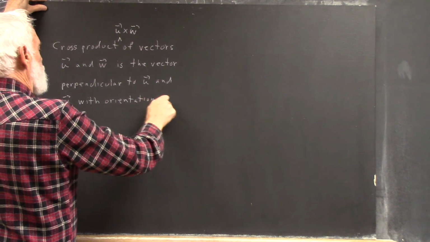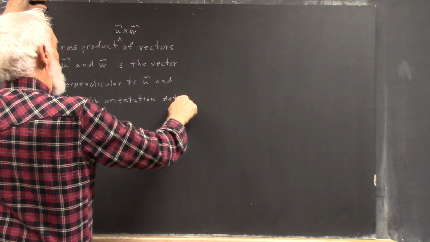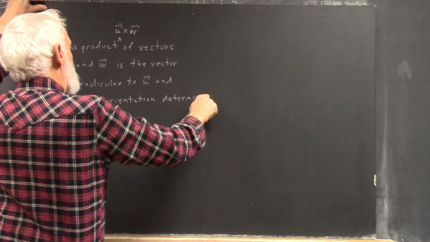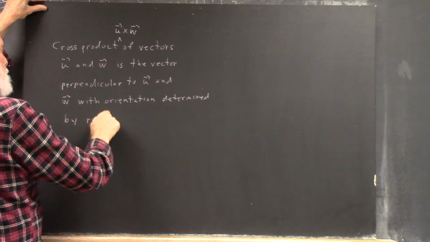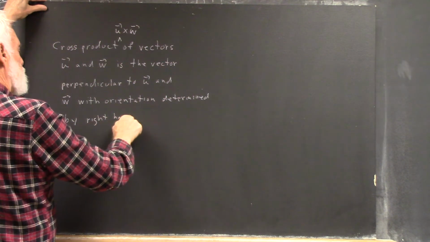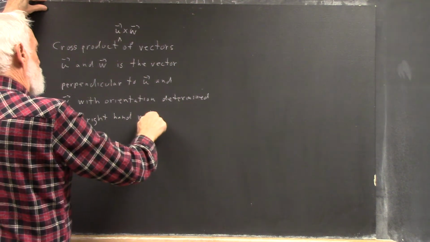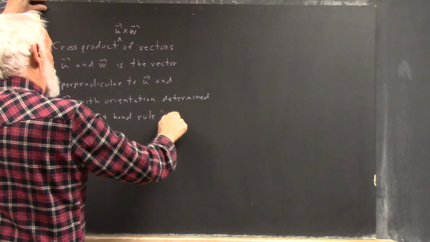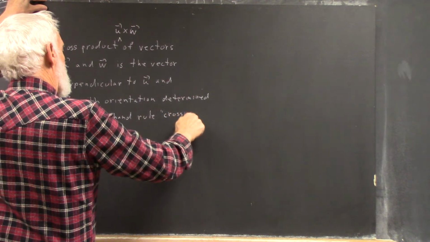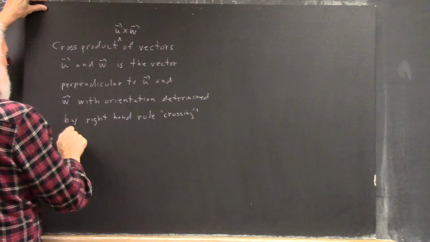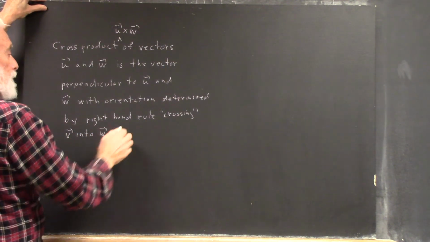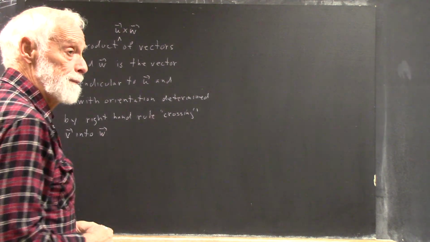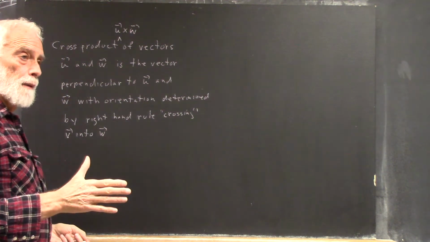The orientation is determined by the right-hand rule. Crossing V into W, I'll say it quickly, but I'll give it a little more explanation.